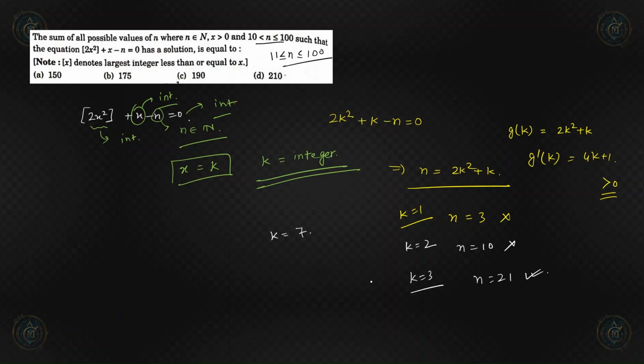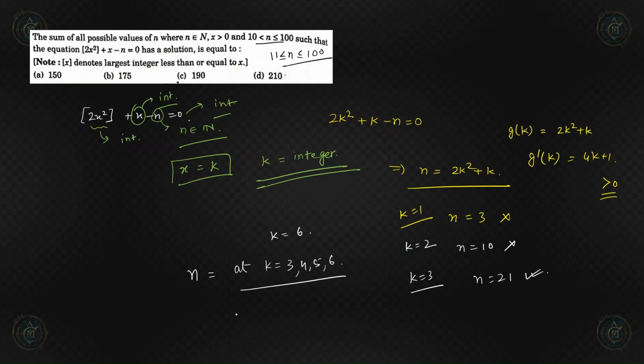So let us check k equal to 7. This becomes 49 times 2 plus 7, so this is also greater than 100. So that value is not possible. So k equal to 6, if we take, is inside this range, 11 less than or equal to n less than or equal to 100. So the possible values of n will be at k equal to 3, 4, 5 and 6.